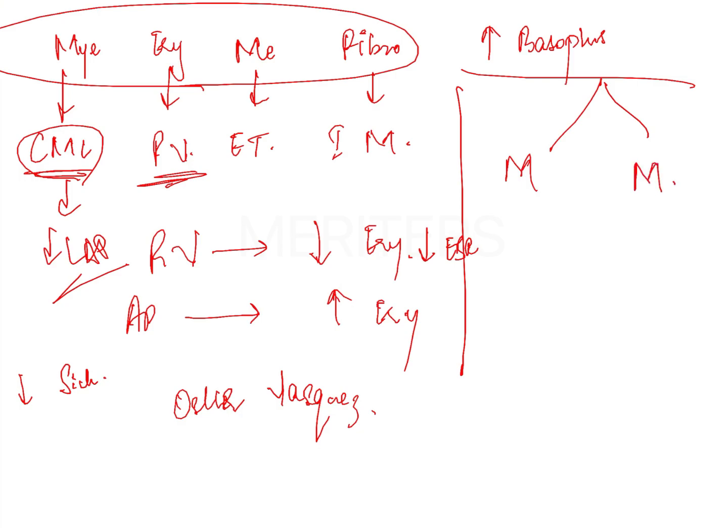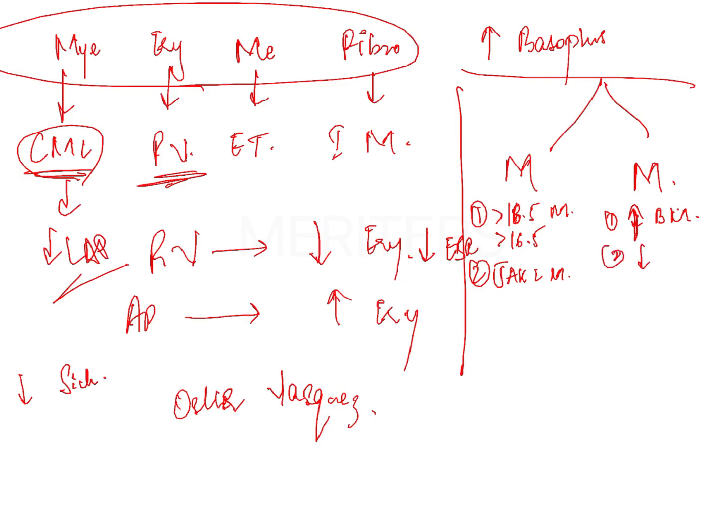In the major criteria, you need to know that the hemoglobin level should be greater than 18.5 gram per deciliter for men and greater than 16.5 gram per deciliter for women, and there should be a presence of the JAK2 mutation. Okay, whereas the minor criteria are: you have a hypercellular bone marrow, an increase in the number of cells of the bone marrow with prominent erythroid, granulocytic and megakaryocytic hyperplasia.